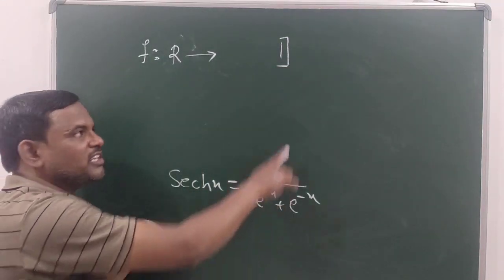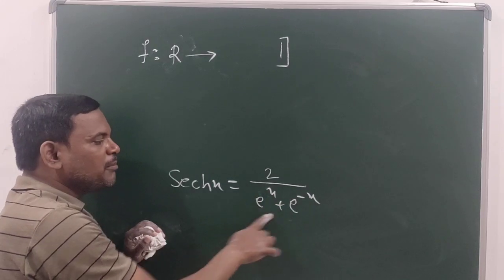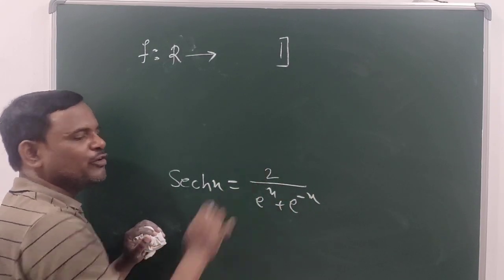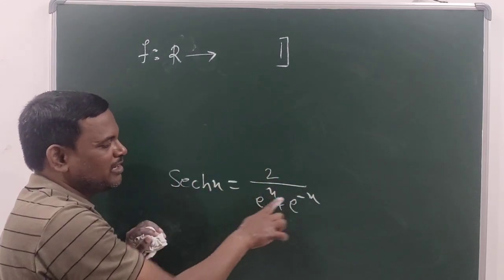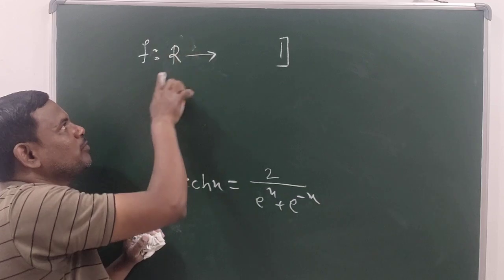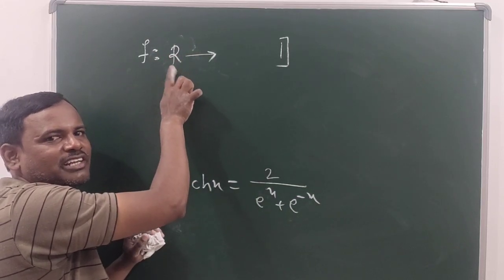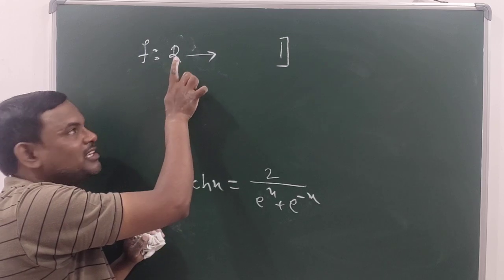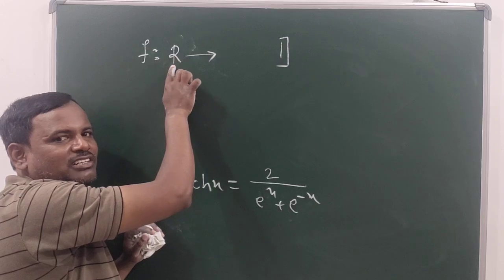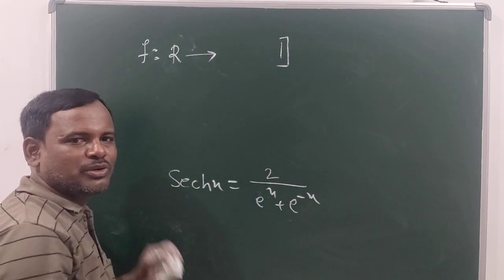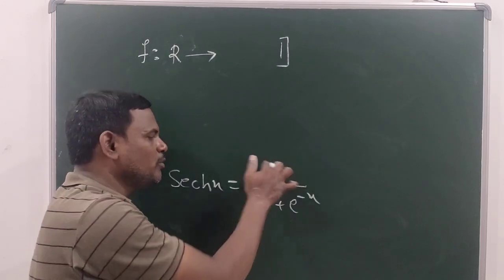If you substitute other than 0 for x, your denominator value is more than the numerator. Am I right? If you assign x equal to other than 0, either it may be positive, see here, domain, set of real numbers. It contains 0 and positive reals, negative reals. On keeping x equal to 0, you got the range 1. If x is other than 0, either a positive real number or a negative real number, your denominator quantity is more than the numerator.